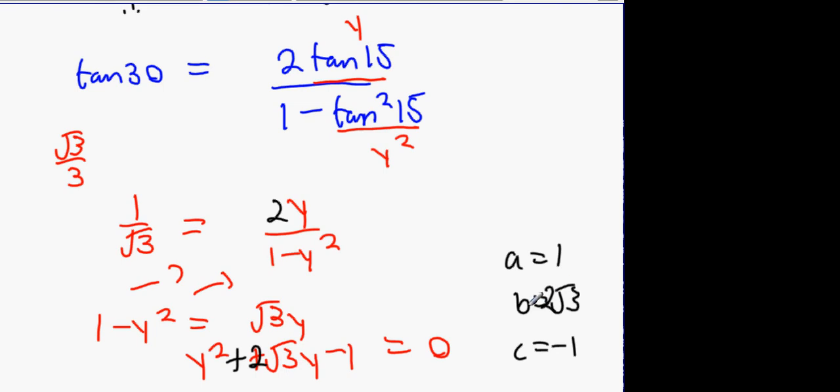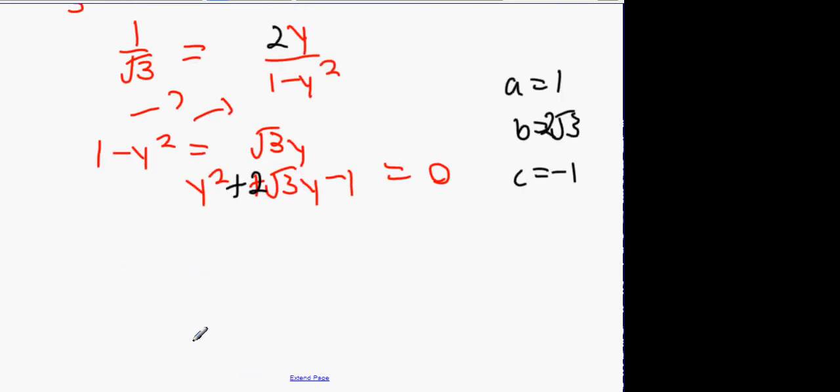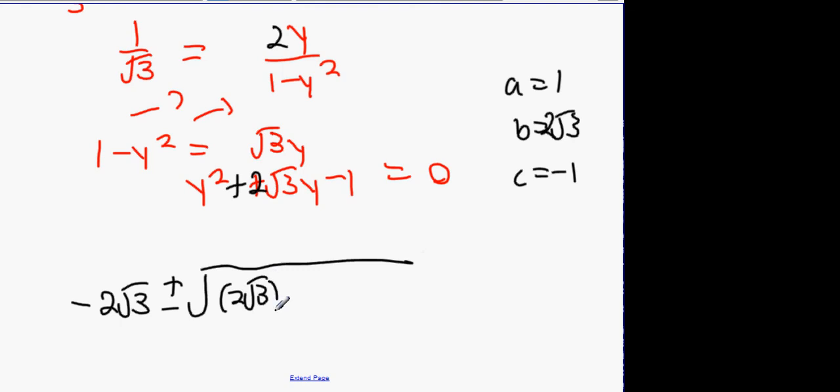It's going to be minus 2 root 3 plus or minus the square root of b squared, which is 2 root 3 squared, minus 4 times 1 times minus 1. Great thing about this is the calculator will do the majority of the work for you.